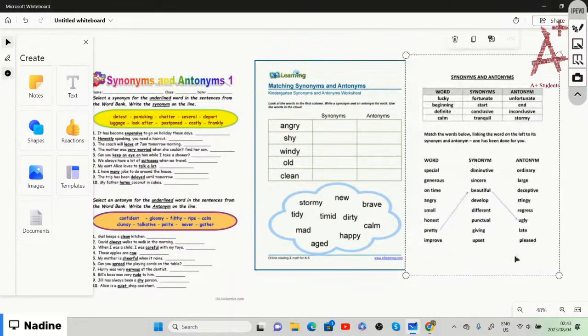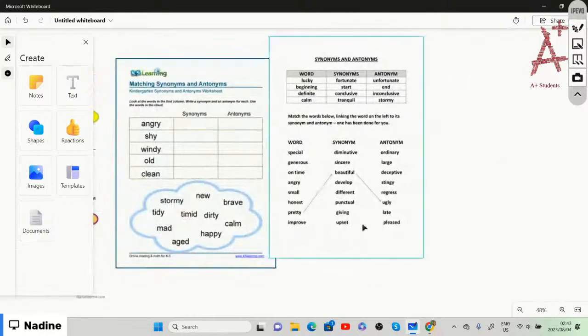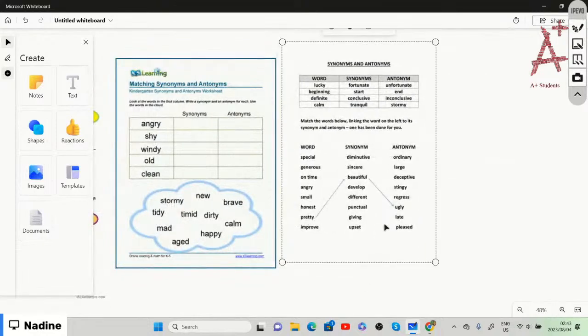All right. So now, if we look at the last one, it says synonyms and antonyms, right? We have the words like lucky, beginning, definite, calm, right? And the synonym of lucky is fortunate. To begin is to start. Definite is conclusive.